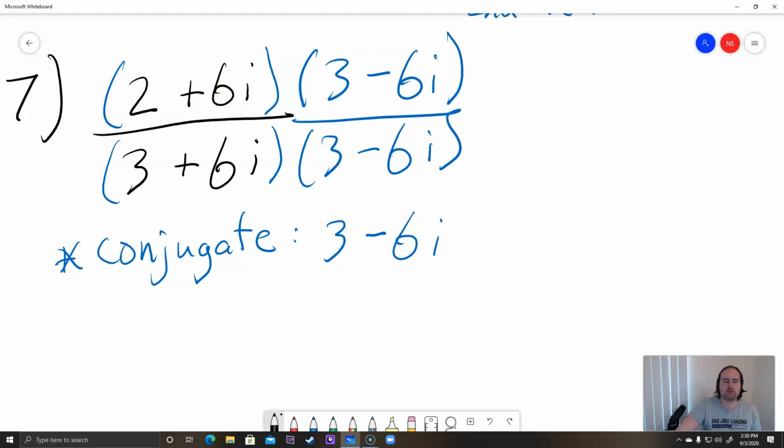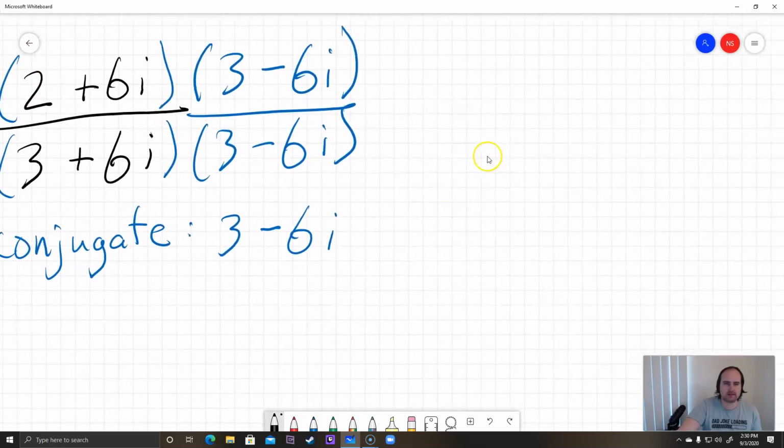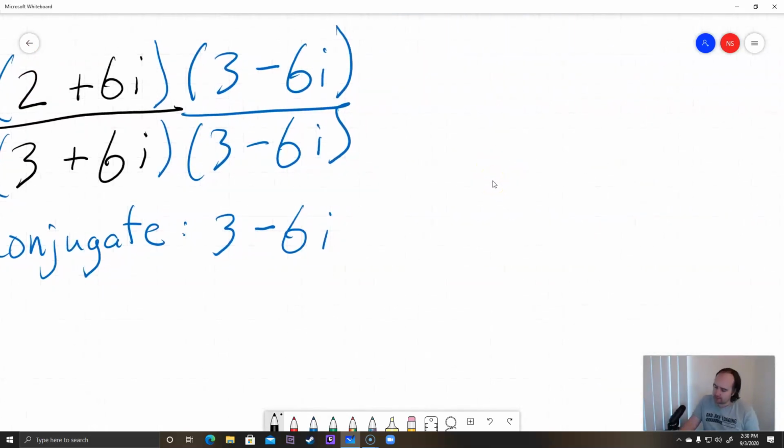On the top, using FOIL, the first is 2 times 3, which is 6. The outer is 2 times negative 6i, which is negative 12i. The inner is 6i times 3, which is 18i.